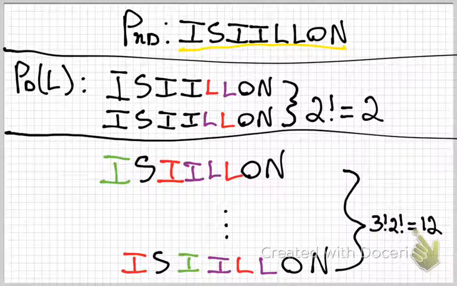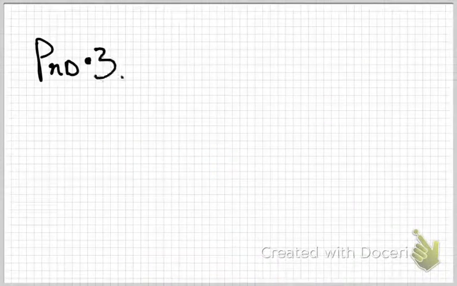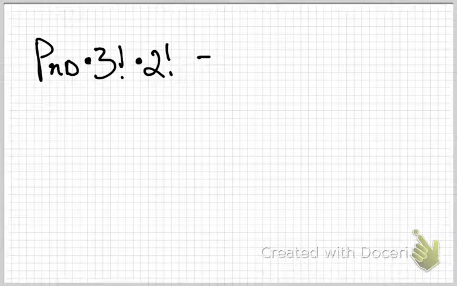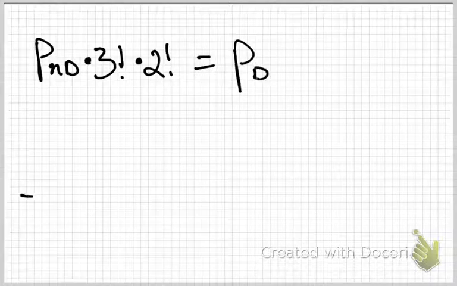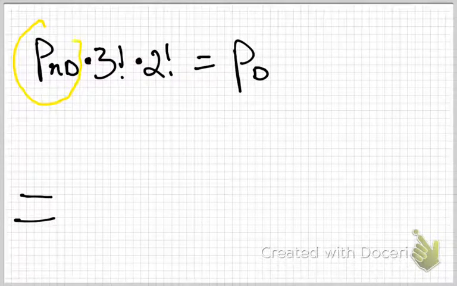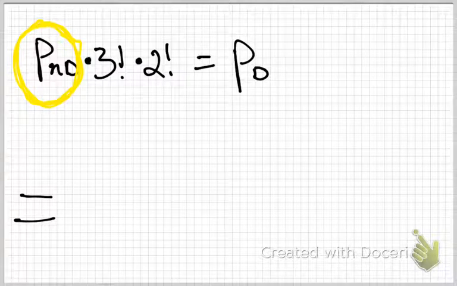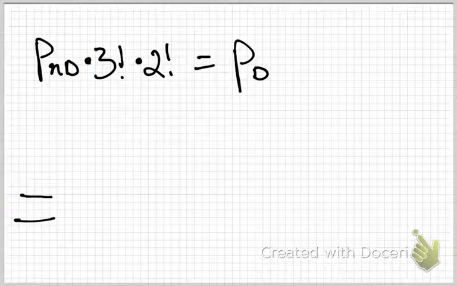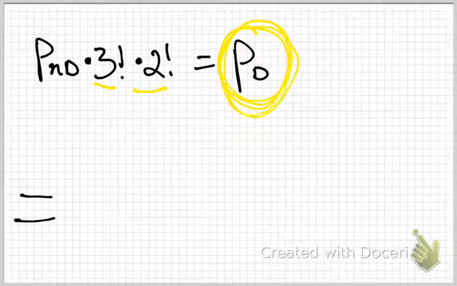All right. So let's move on. For each one of these, now these are the permutations in which alike letters are not distinguishable, we produce 3 factorial times 2 factorial of these permutations.